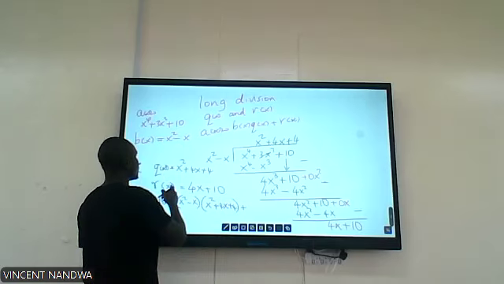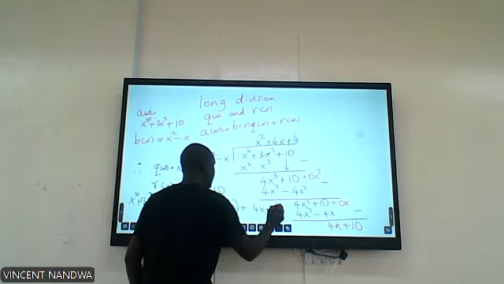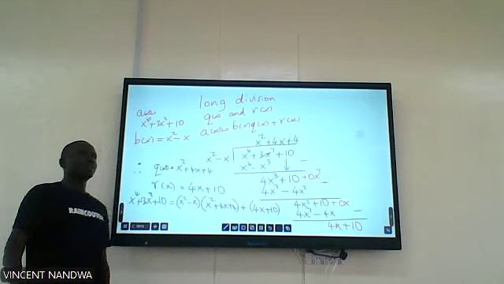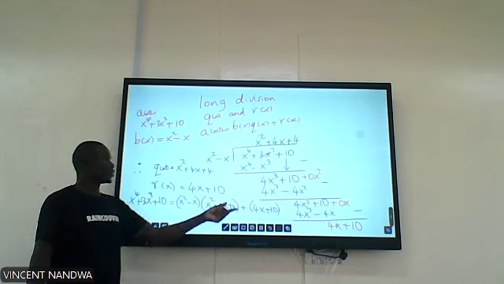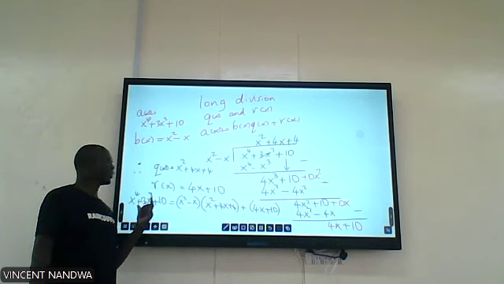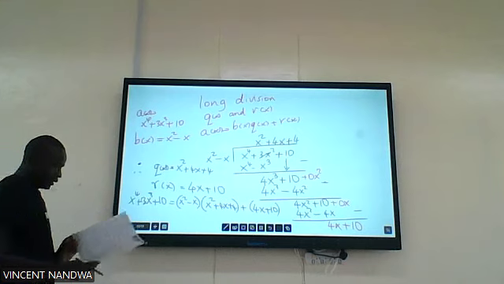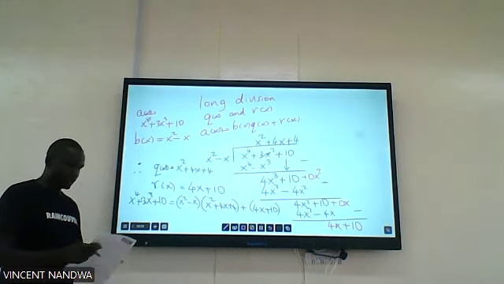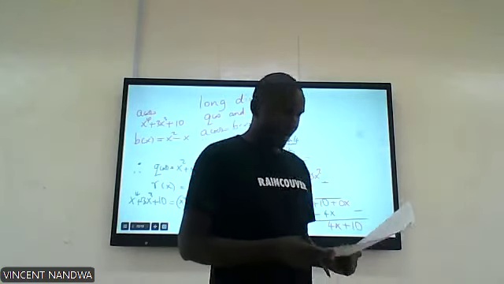And what you're getting as our remainder is 4x plus 10. So now if you want to expand these two brackets and you add this, the simplification will give you the same thing. So skip a line.